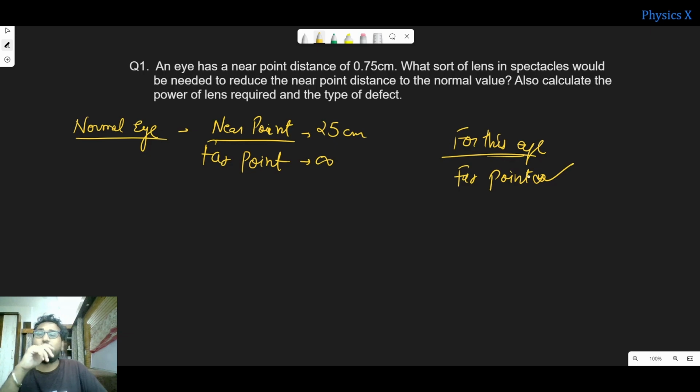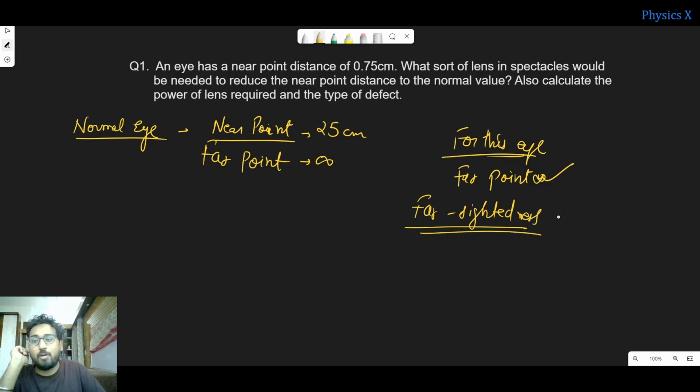So when the far point is fine, it is far sightedness. The person is suffering from far sightedness, or hypermetropia. Once you know it is hypermetropia, you can tell the lens is convex only.